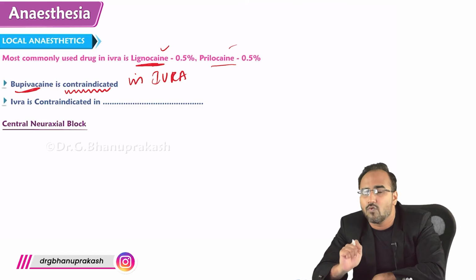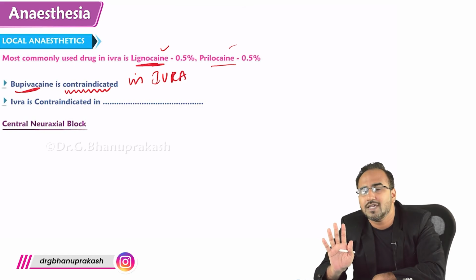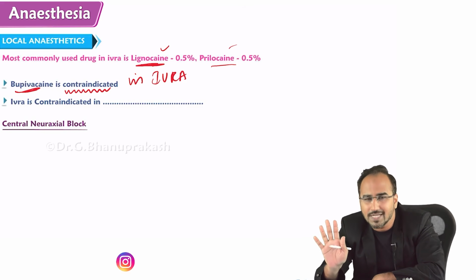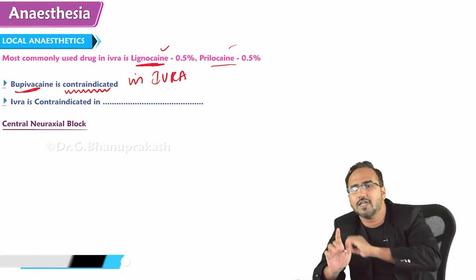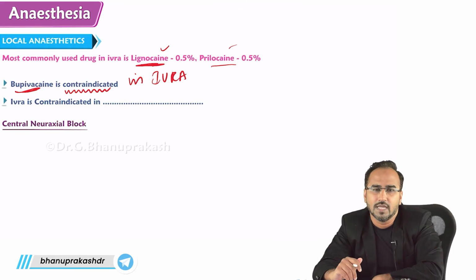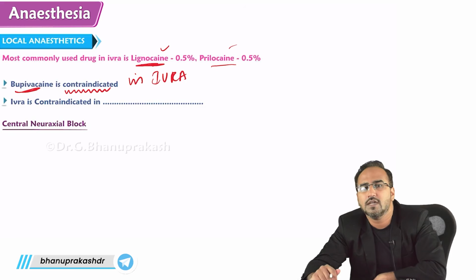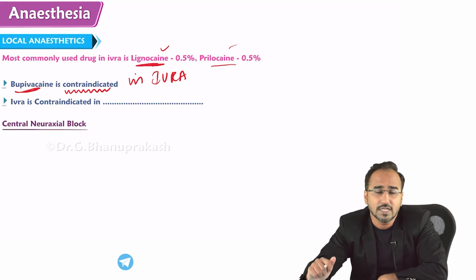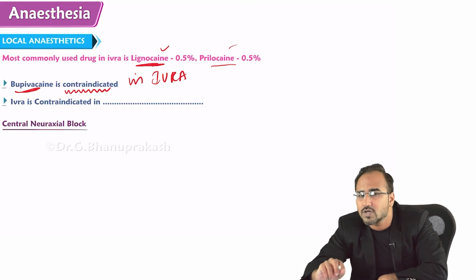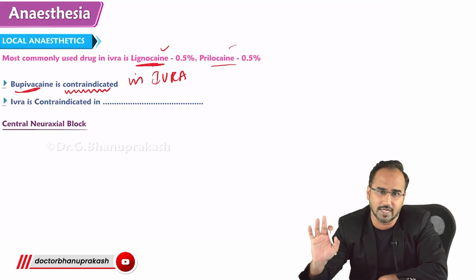Because Raynaud disease is a vasospastic disorder of the upper limb, basically of the fingers. In Raynaud's, the blood supply to the finger is already hampered. If you go for IVRA, you will apply a tourniquet which will further worsen the disease. So remember guys, IVRA is contraindicated in the conditions where putting tourniquet is contraindicated.